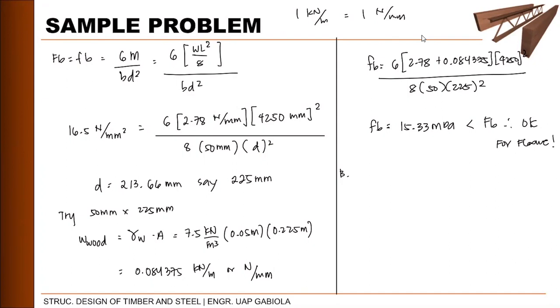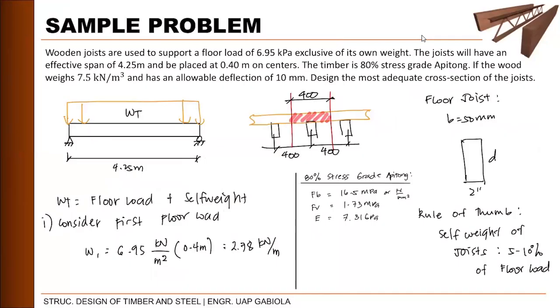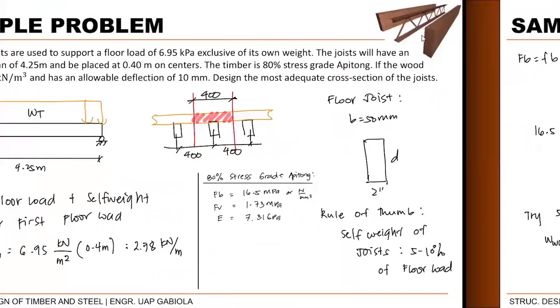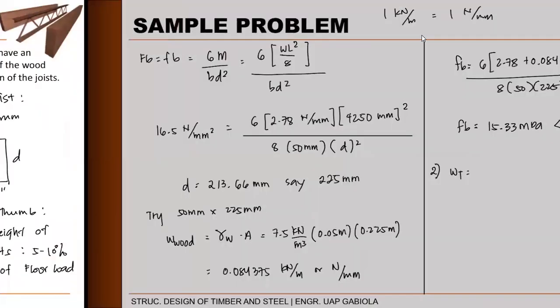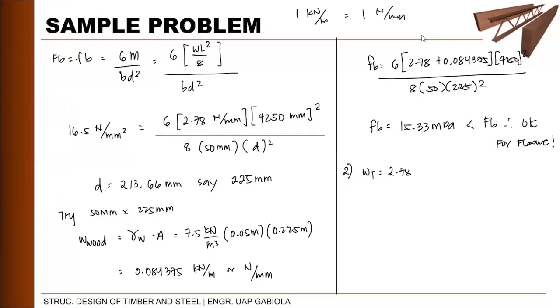Okay? Next, i-check natin kung halimbawa ang gagamitin natin is yung rule of thumb na halimbawa 10%. Okay? So, lagay natin dito. So, case 2, halimbawa yung ating weight total will be equals dun sa weight natin na 2.78 kilonewton per meter.